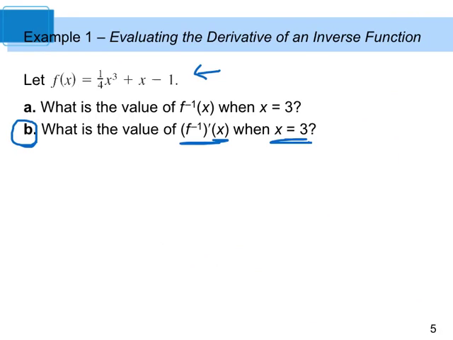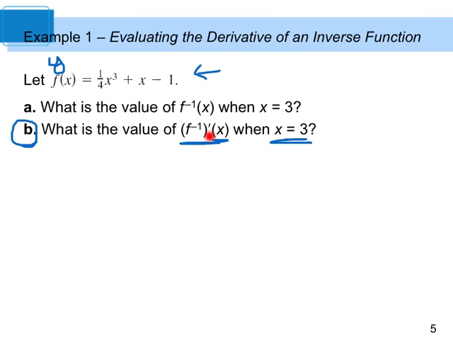In other words, I can't let f of x equal y and then get the x by itself, because since I have 1/4 x cubed plus x minus 1, I actually cannot isolate the x term. So finding the inverse function is not even possible here. If I can't find the inverse, then I can't find the inverse's derivative.